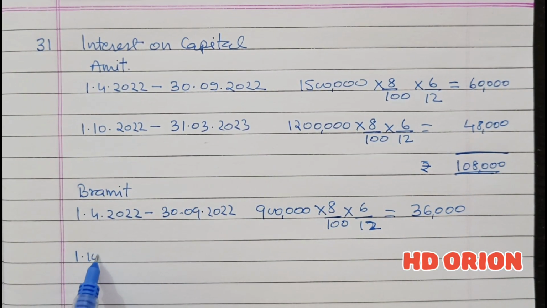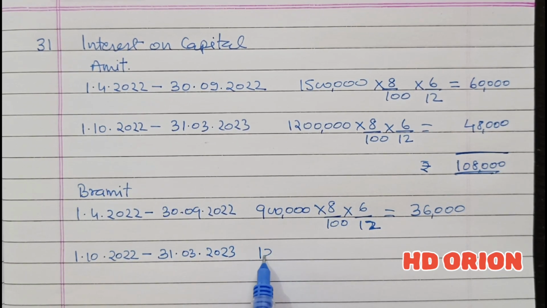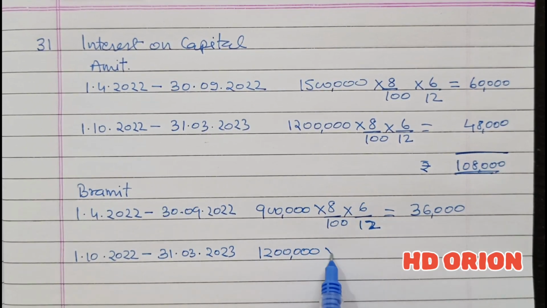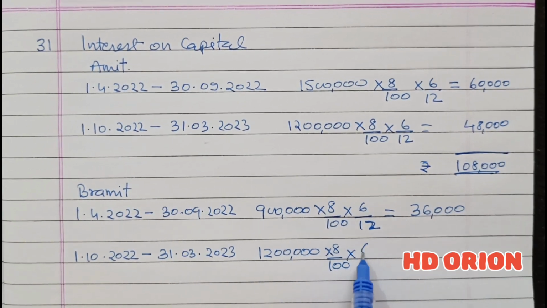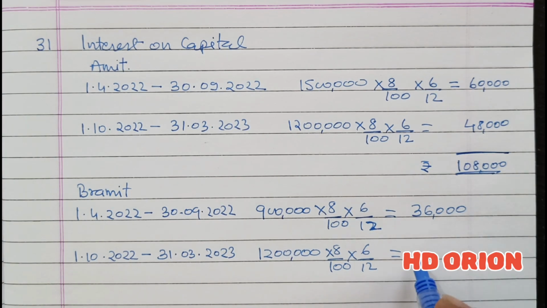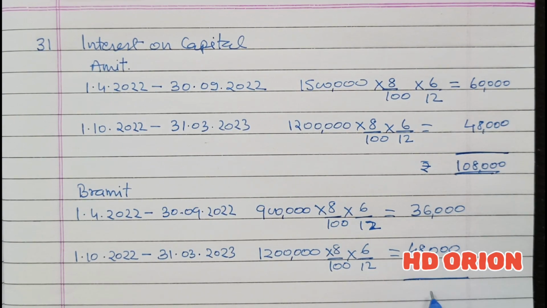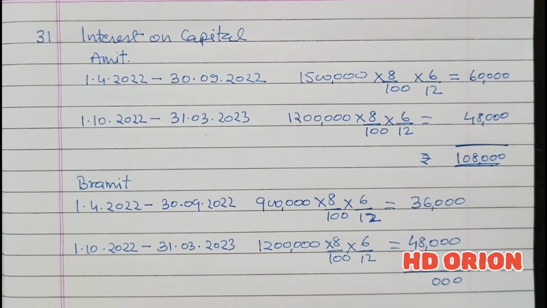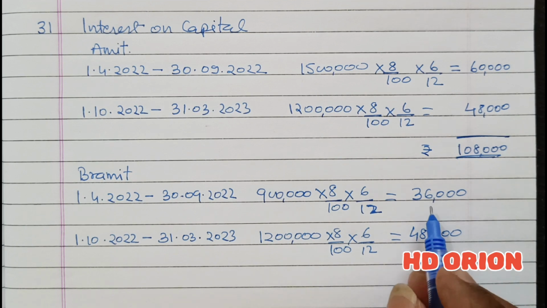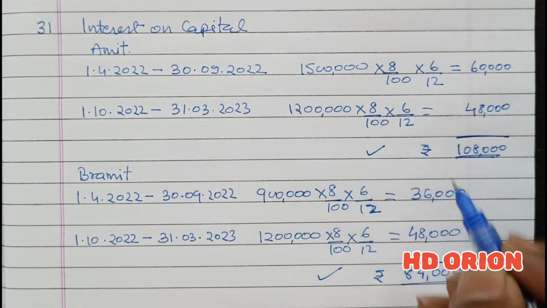But from 1st October 2022 to 31st of March 2023, his capital was made rupees 12 lakh at the rate of 8% per annum for remaining 6 months. The interest on capital will be rupees 48,000. So total interest on capital for partner Bramit is 84,000. So these are the answers.